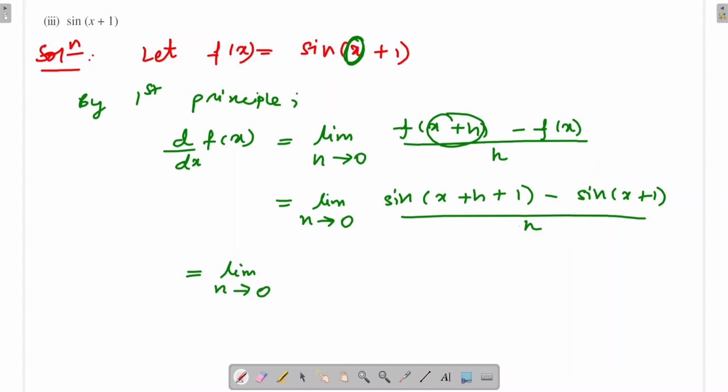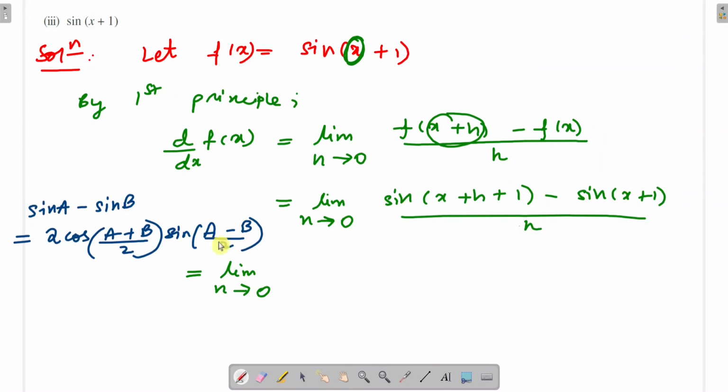Now you have to know one formula here, that is sin a minus sin b is equal to 2 times cos of a plus b divided by 2 times sin of a minus b divided by 2.